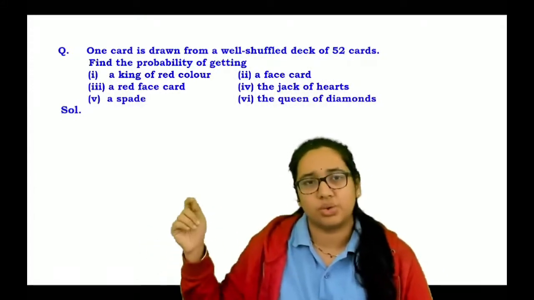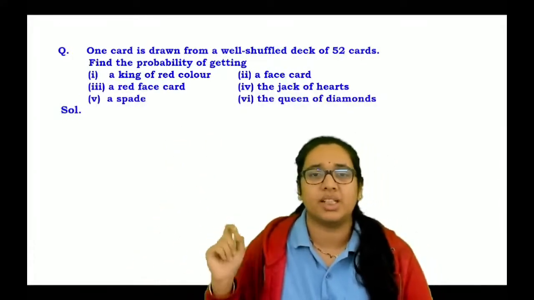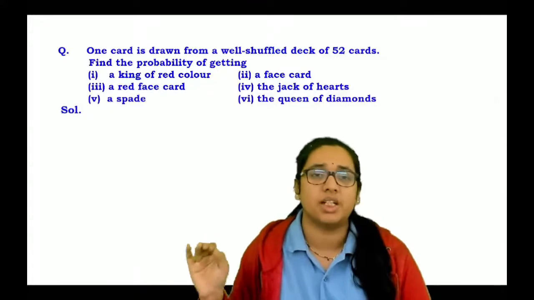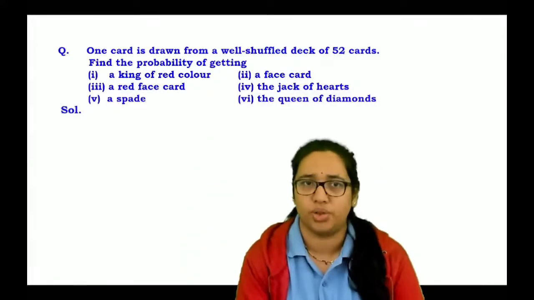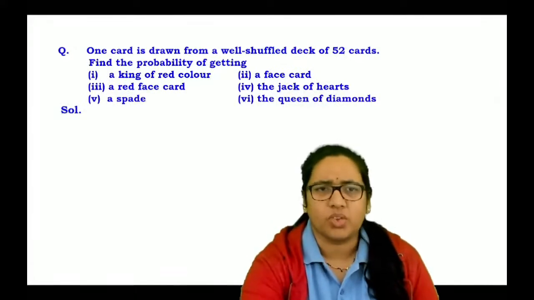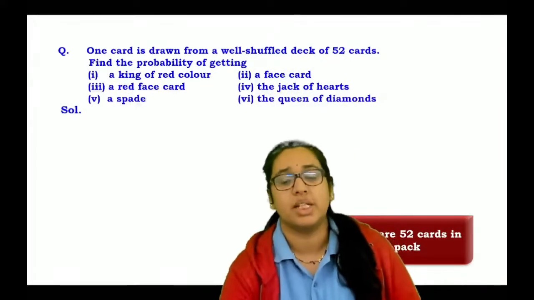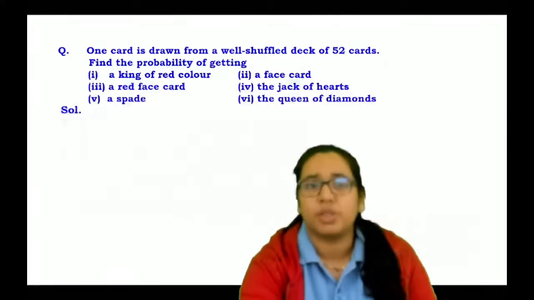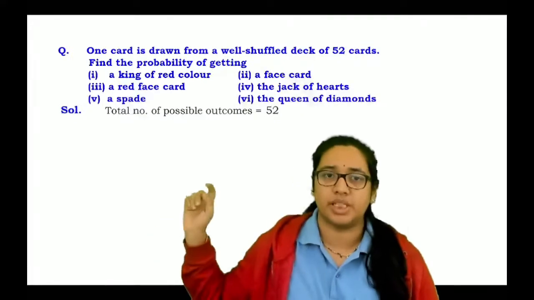If you just go through this one question, then you can easily solve each and every type of question based on that well-shuffled deck of 52 cards. See, we know that as we are considering a well-shuffled deck of 52 cards, it means that the number of all possible outcomes is 52.